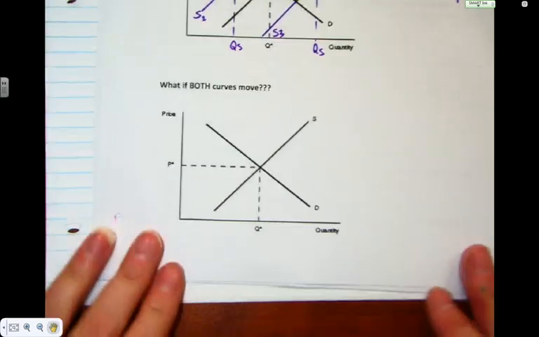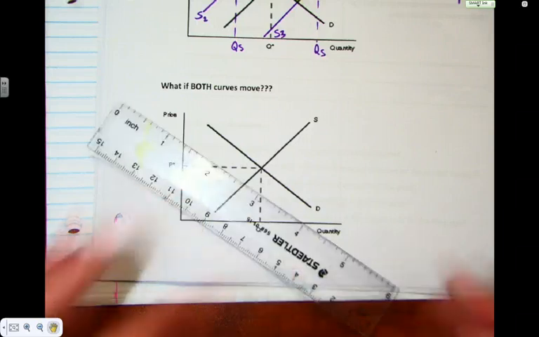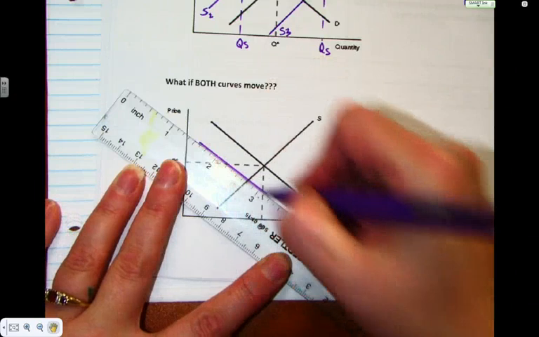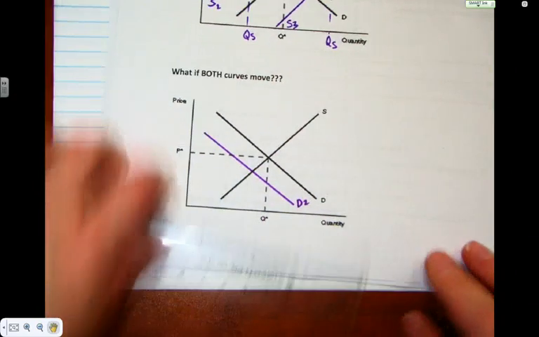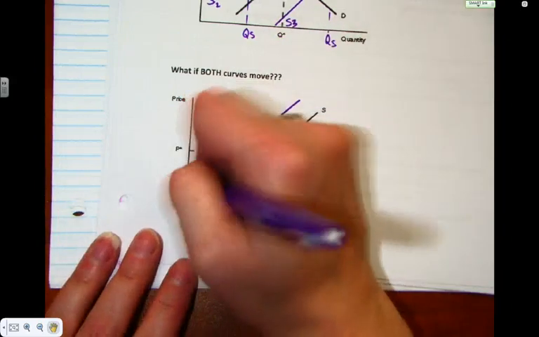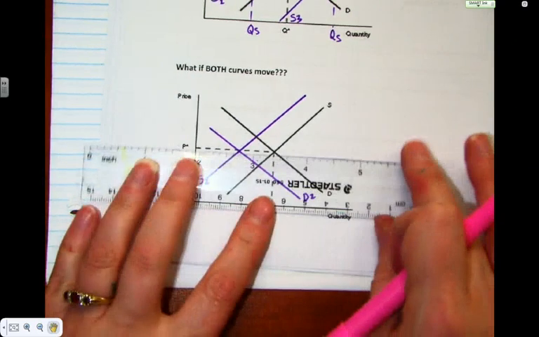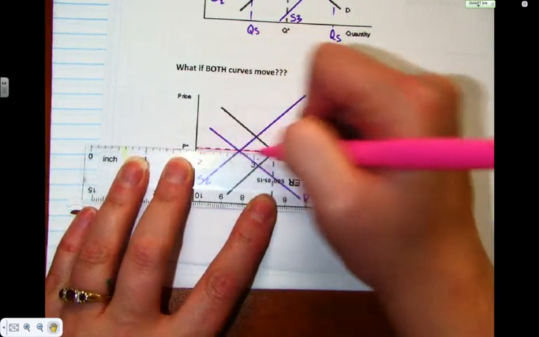What if both curves move? Do you want to move them both in or both out? Why? And so again, price isn't going to move.